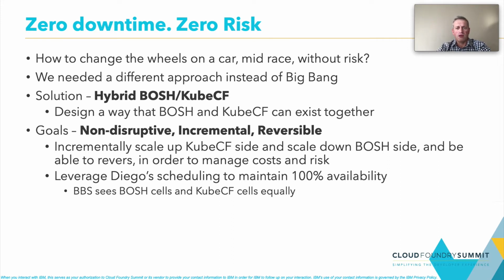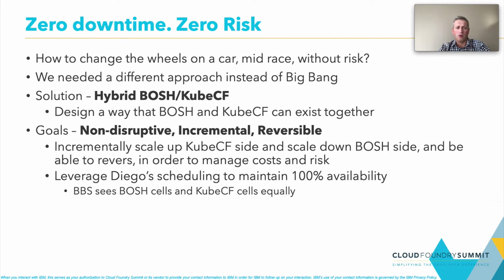The real critical piece of this design, as we thought about, was that instead of trying to think of things like how to split the data and maybe move some applications to one side with a different CCDB or something like that, we thought, no, we can have a federated overall aggregated system and let Diego do the scheduling. So what we are aiming to have is a federated system where Diego has cells on the BOSH side and cells on the KubeCF side, and it can schedule to each of them.